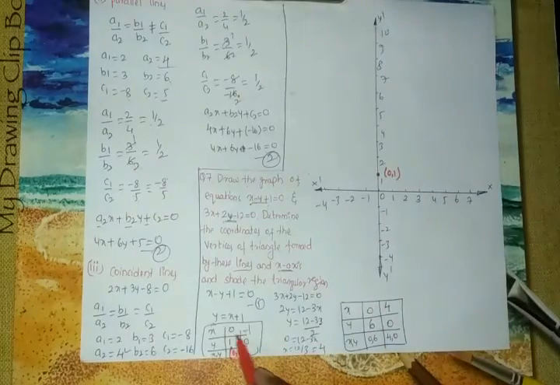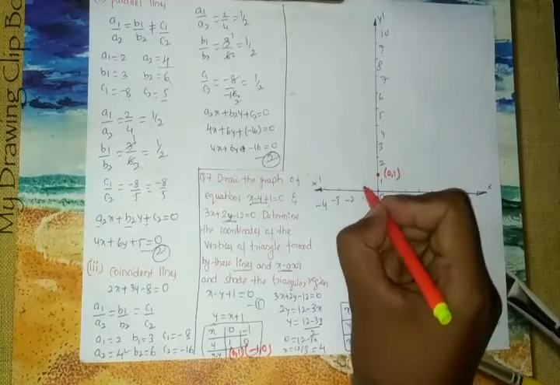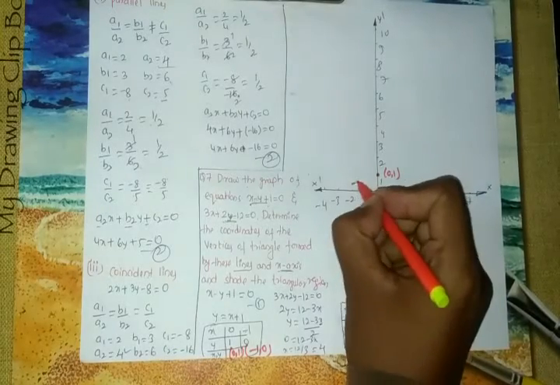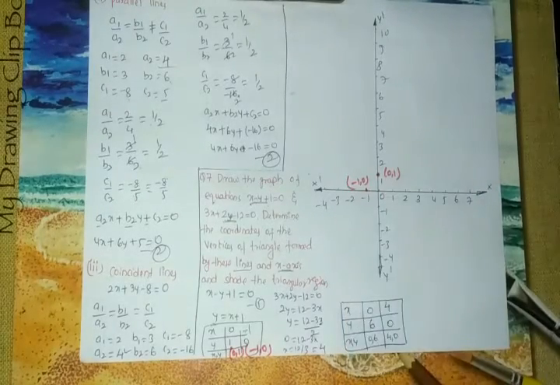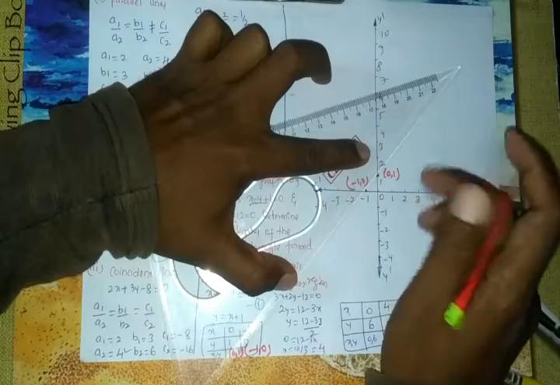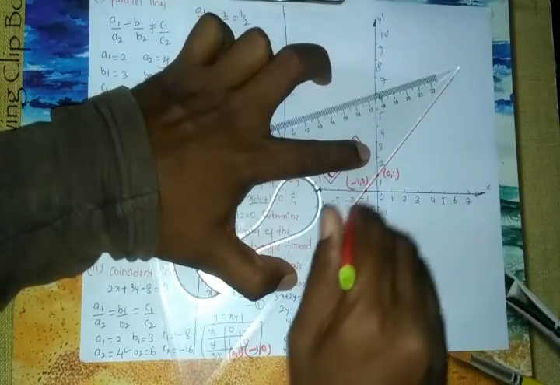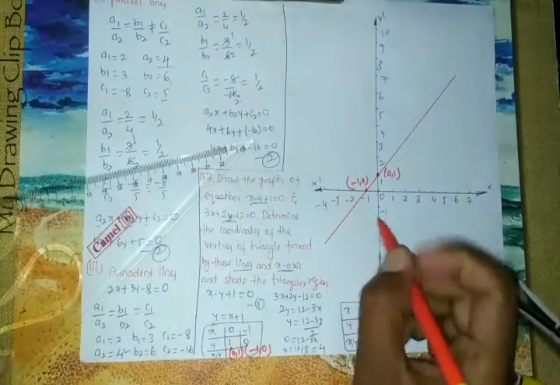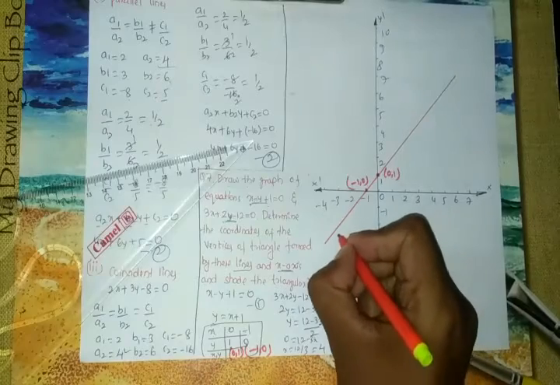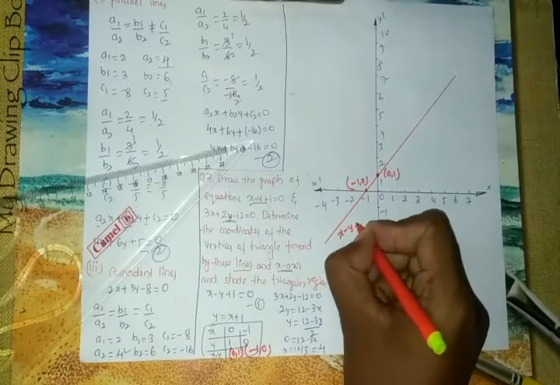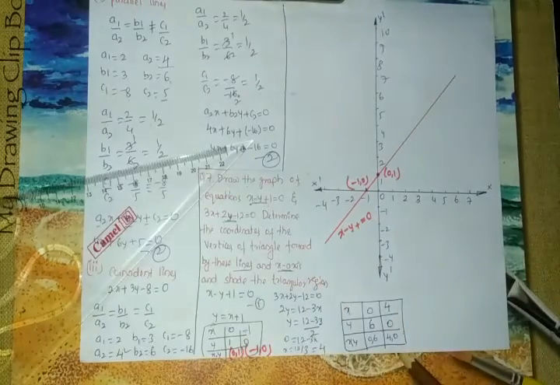And similarly, when x is -1, y is 0. So this is my second point, -1 comma 0. Join these 2 points with a straight line. So this line represents the equation x minus y plus 1 equals to 0.